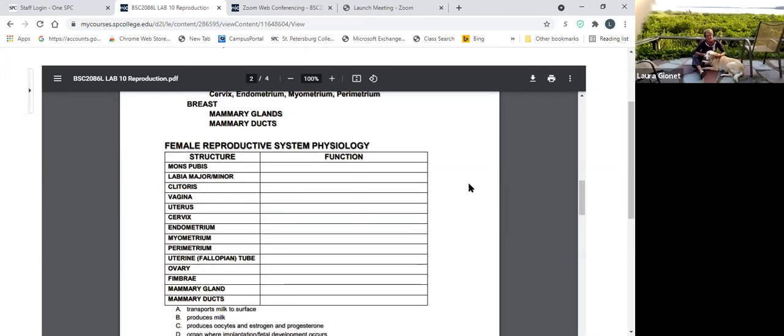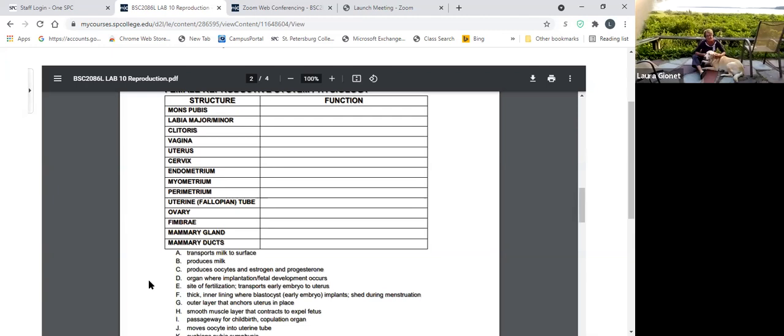Okay, so let's go down and start matching up our functions. A transports milk to the surface. Those are the mammary ducts. And B produces milk, the mammary gland. C produces oocytes, estrogen, and progesterone.